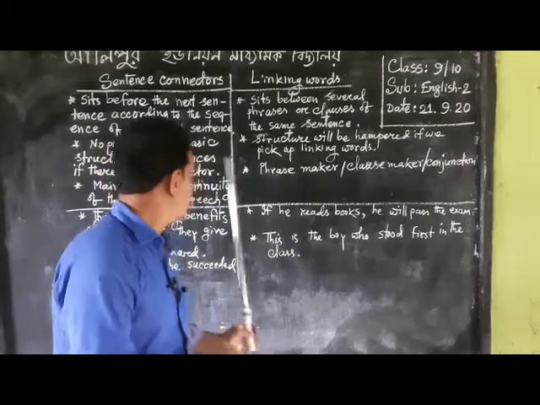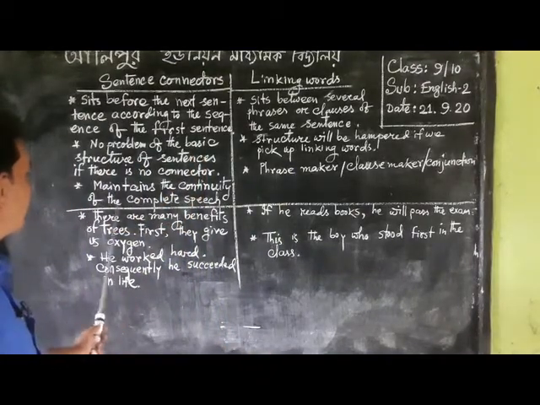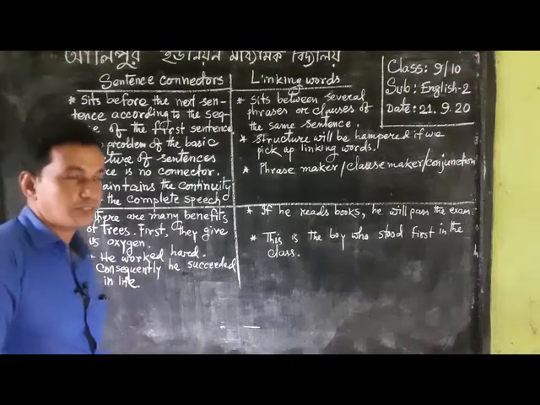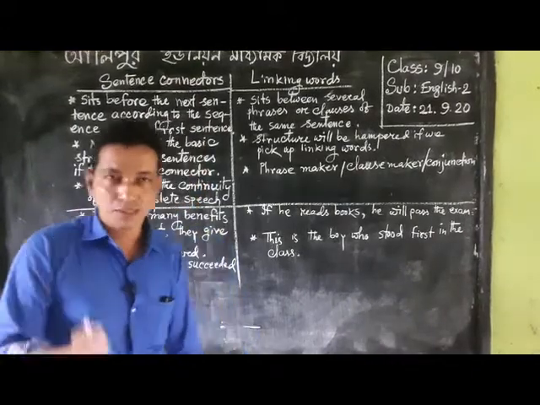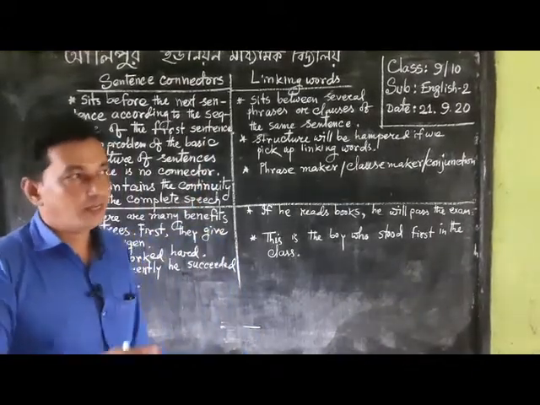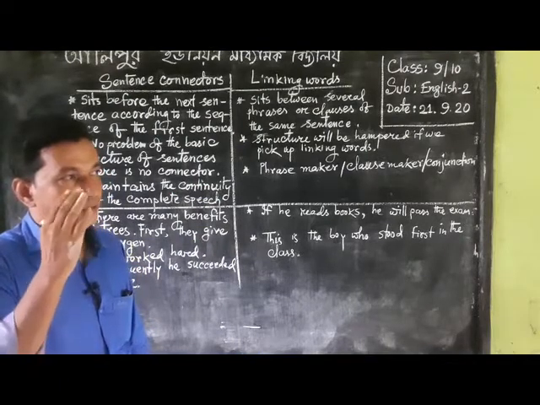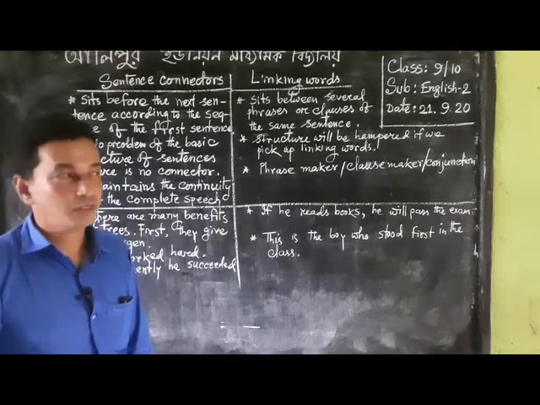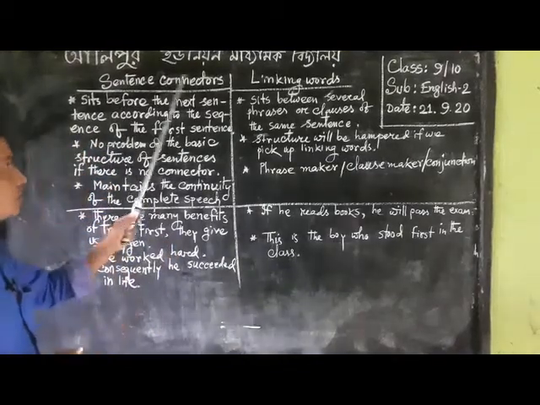Next one, it maintains the continuity of the complete speech, because between the two sentences there will be a combination and a relationship, and it helps to relate the two sentences. Okay, dear learners, these are the features of sentence connectors.